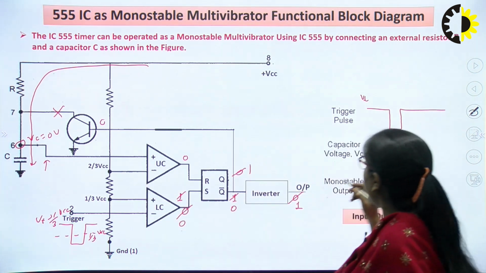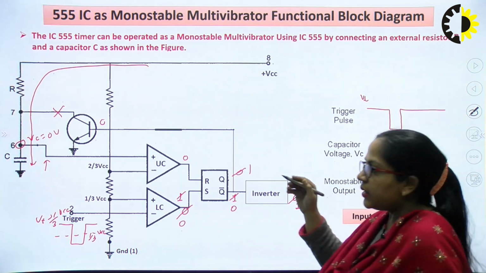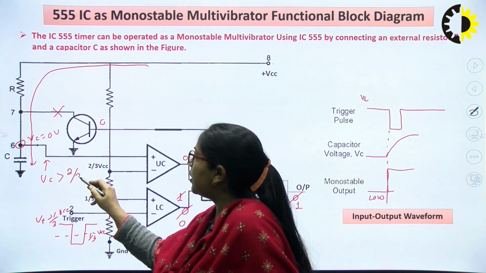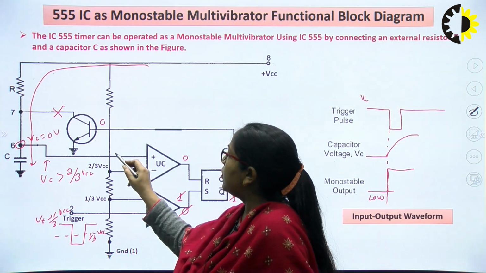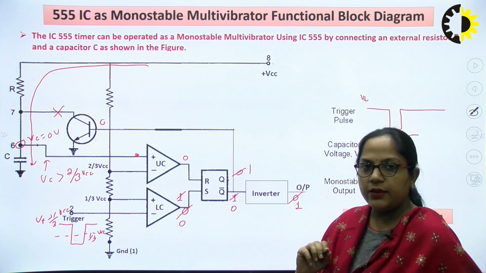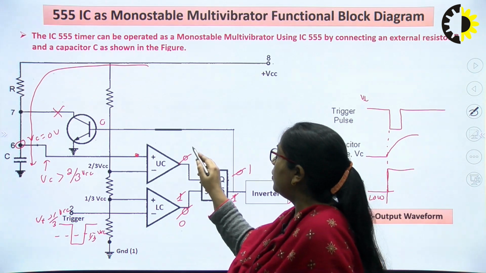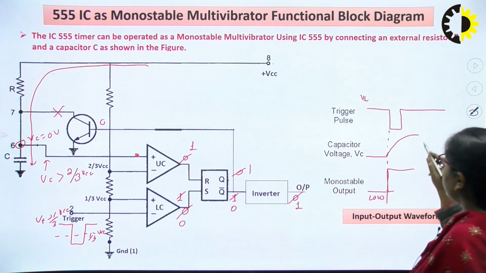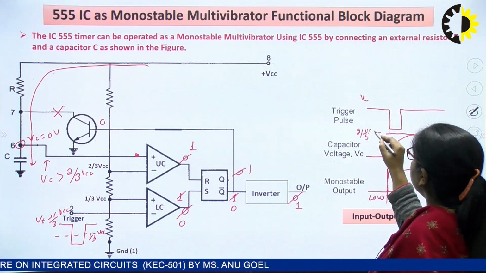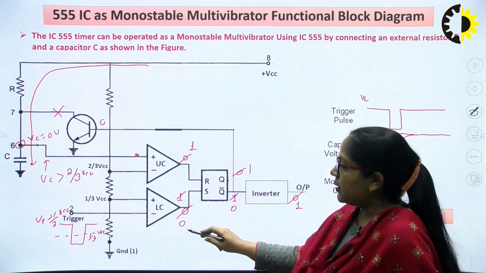Now the capacitor will keep on charging towards 2/3 of VCC. The moment the capacitor voltage VC becomes slightly greater than 2/3 of VCC at the non-inverting terminal, the output of the upper comparator will switch from logic 0 to logic 1. The output of the lower comparator is still at logic 0.